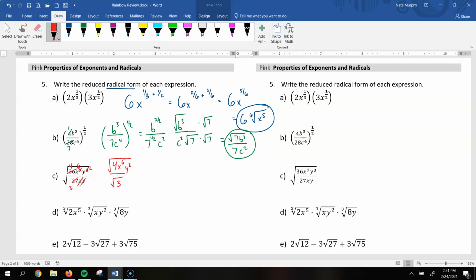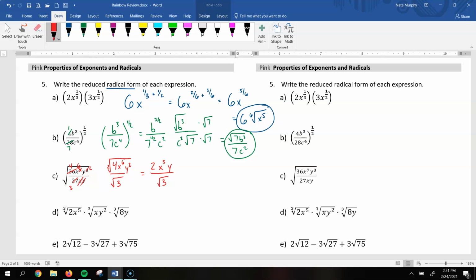Before I do anything with the square root of 3, because as you can probably guess, we're going to have to do something with that, I want to simplify that numerator. The square root of 4 would be 2. 6 divided by 2 would be 3, so now we would have x cubed. And 2 divided by 2 would be 1, so we'd have just 1y over the square root of 3.